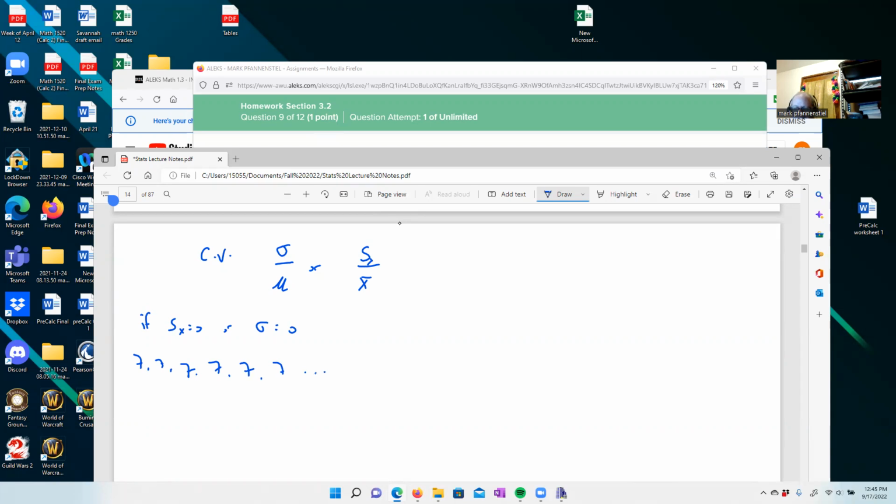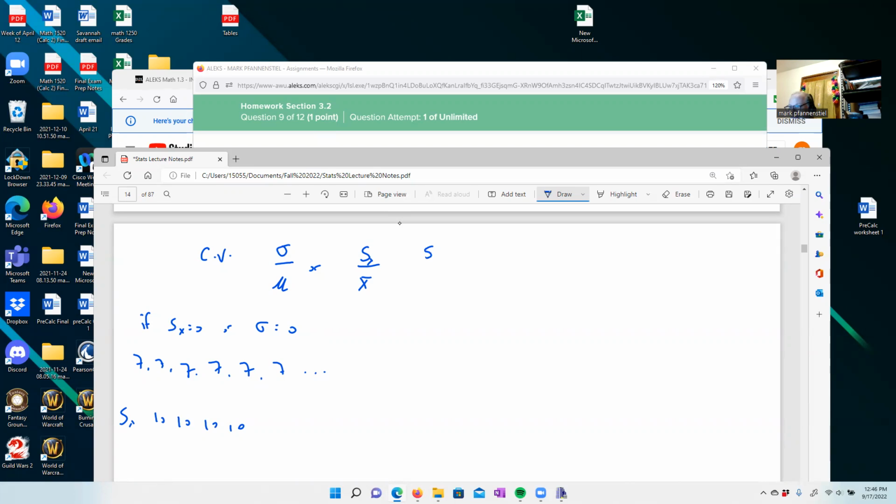So it is possible for the mean to be 7, but the standard deviation to be 0. I could pick any other number. If all of your data happens to be 10, your standard deviation is also going to be 0. Just pick a number. The standard deviation of a constant is going to be 0.